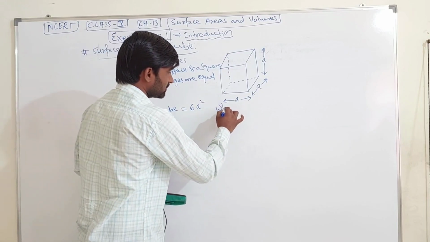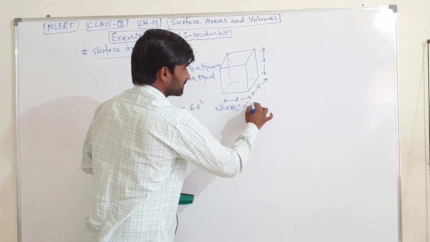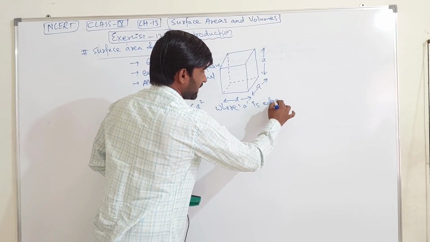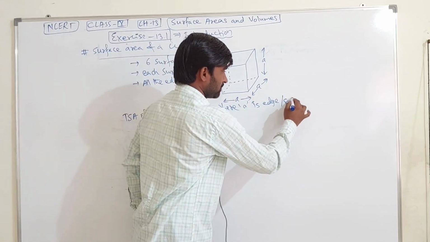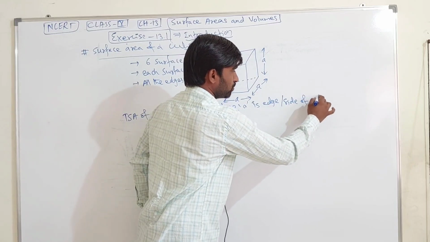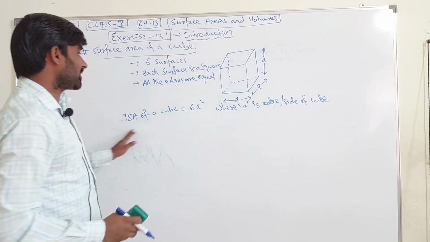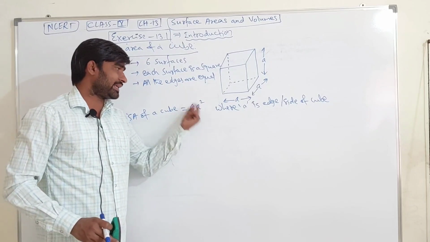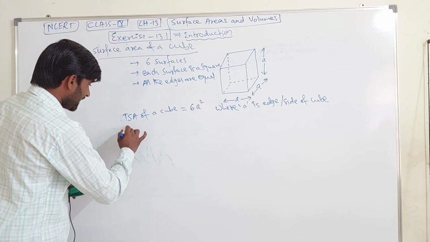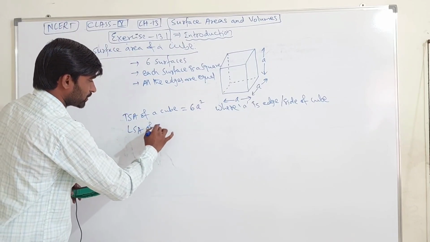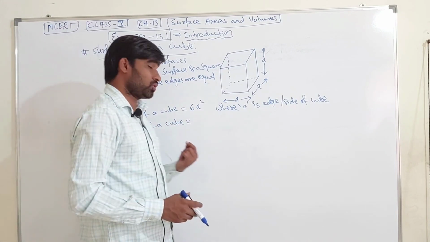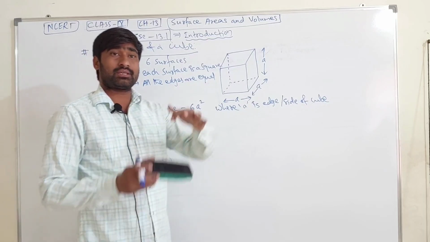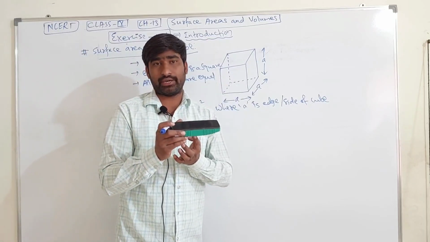Where a is the edge or side of the cube. So this is the total surface area of a cube, 6a square. Now lateral surface area of a cube. Just now I told you lateral surface area means the top and bottom are excluded, not counted.